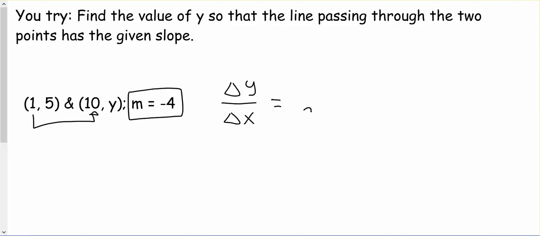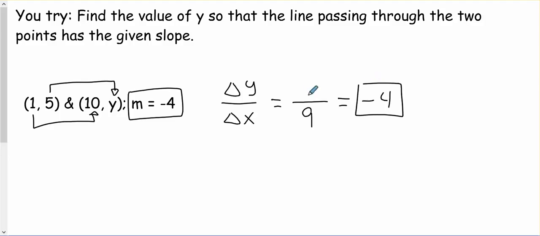That is 9, right? And now from 5 to some number, I need to be moving negatively because I need to get an answer of negative 4. So another way of saying this is, what number divided by 9 equals negative 4?